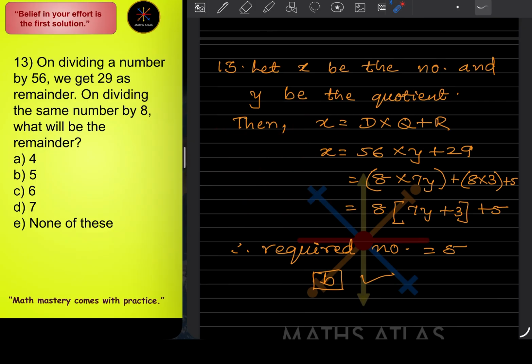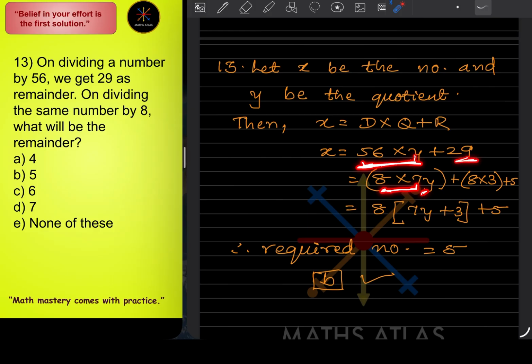So what is the divisor here? This is given because on dividing a number by 56, they said. So this is 56. The quotient we don't know, so we are going to consider this as y. And they have said we get 29 as remainder. So what we can write is, for 56 we can write 8 into 7 and y as it is.